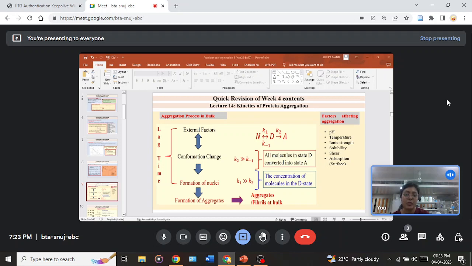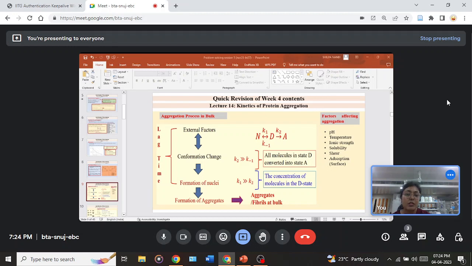As you can see from the figure, these events occur in this lag phase. After the lag phase, we have the growth phase, and after the growth phase, the stationary one, right? So after formation of nuclei, there is a formation of aggregates. These aggregates form a fibrillar structure in the bulk.